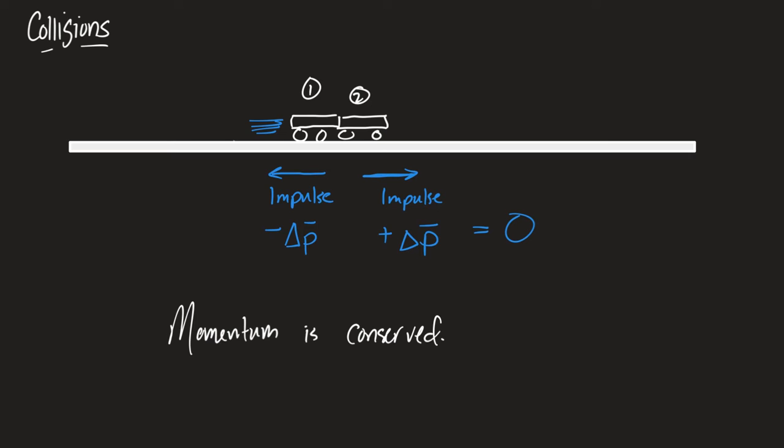Individual objects might change their momentum, but the total momentum doesn't change. So for every increase in momentum, something else is suffering a decrease in momentum. That plays out in all collisions. All collisions in nature obey this principle. So, what that might look like.